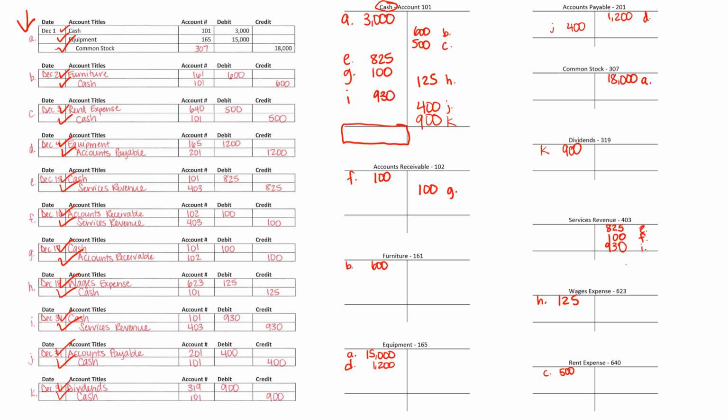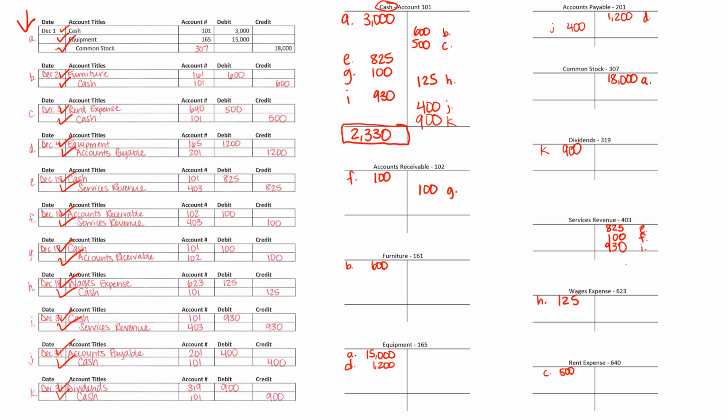And that's the case for cash. So if we add up all the debits, 3,000 plus 825 plus 100 plus 930, those are all the increases in cash. Then we would subtract out 600, 500, 125, 400, and 900. And what that will give us is a remaining balance in cash of $2,330.